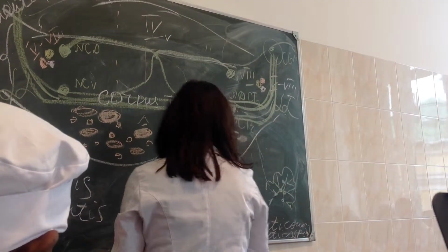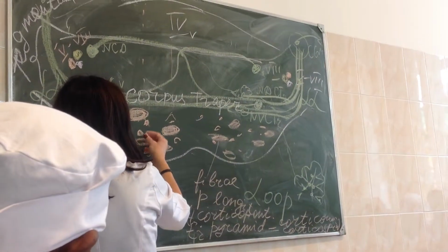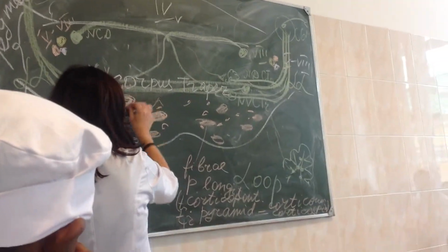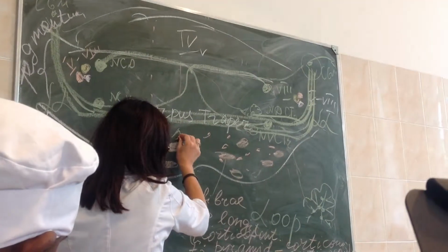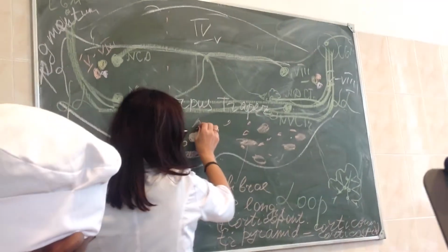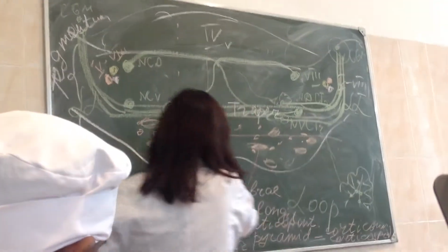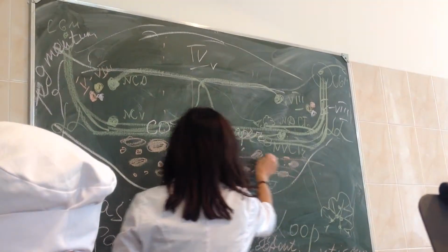Only the corticopontine fibers end on these nuclei pontis. After the synapse, the axons of the nuclei pontis cells pass to the opposite side. From this side they go to the opposite, and from the other side vice versa.